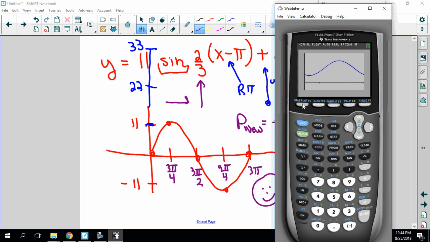I like delete this, and delete the 22. That's kind of the graph I graphed, from minus 11 to 11 to 3 pi. And then, here's a trick.